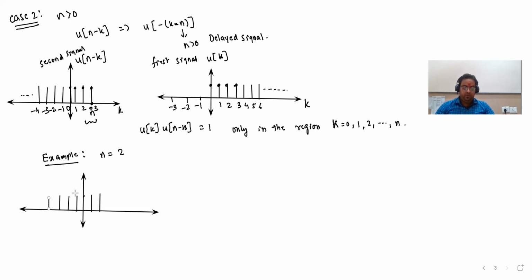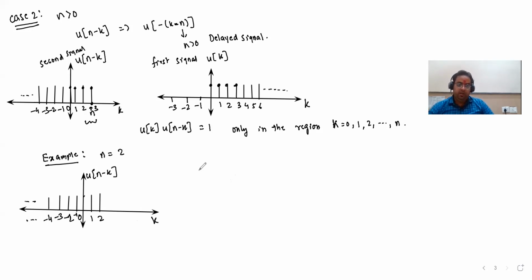These are all equally spaced. So we have this as 0, 1, 2, and here it is minus 1, minus 2, minus 3, minus 4, and so on. This is essentially u of n minus k for the example n is equal to 2.